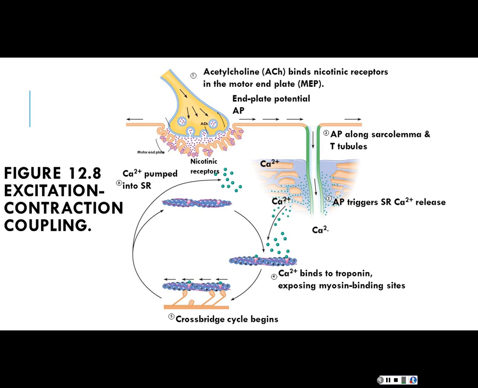It, in response to an action potential, will release calcium into the muscle cell's cytosol, which can then bind to troponin of the thin filament. Troponin's on the thin filament. Calcium is a messenger. The messenger is to do what?